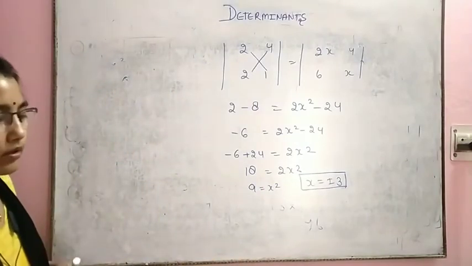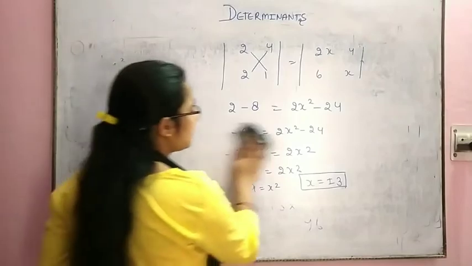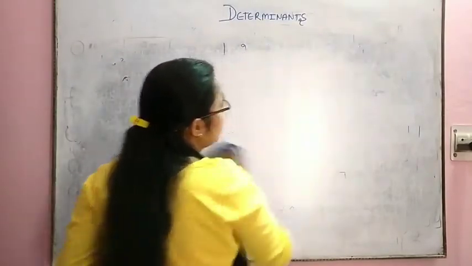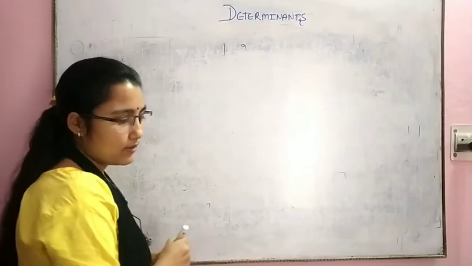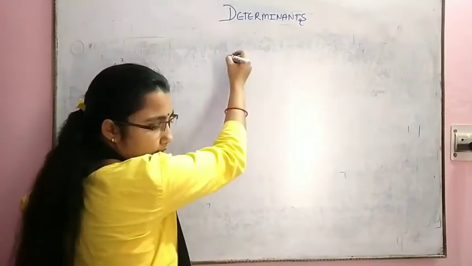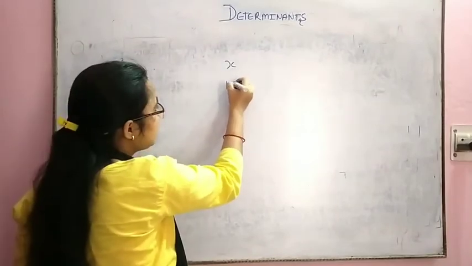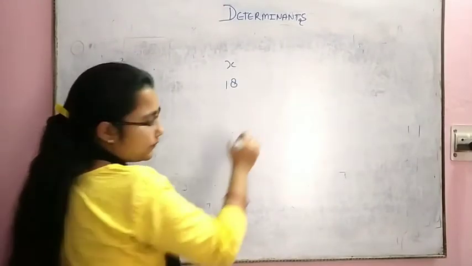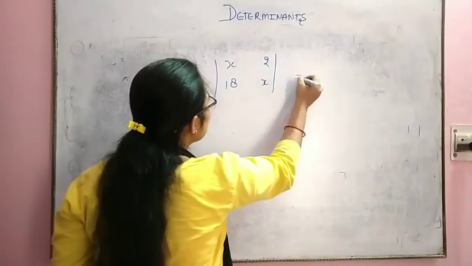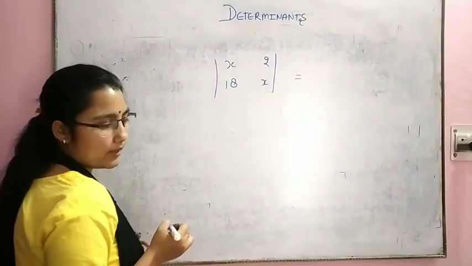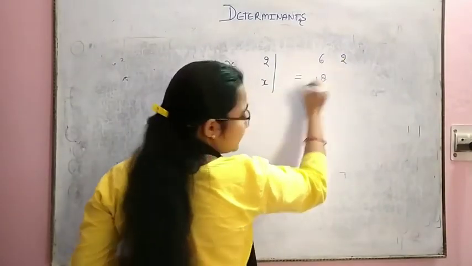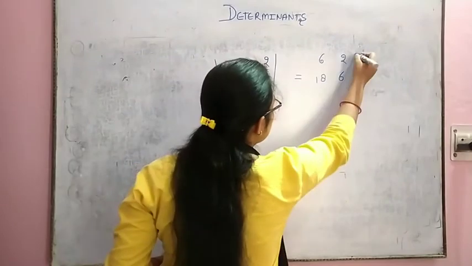So now come to the last question of this exercise. If we get the value of x, this is given to you. x, 18, 2, x is a determinant and 6, 2, 18 and 6 is another determinant.